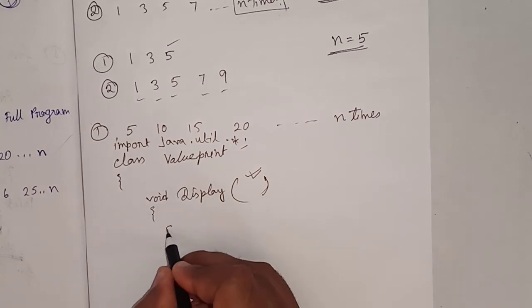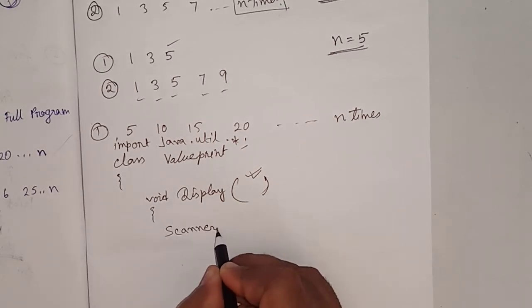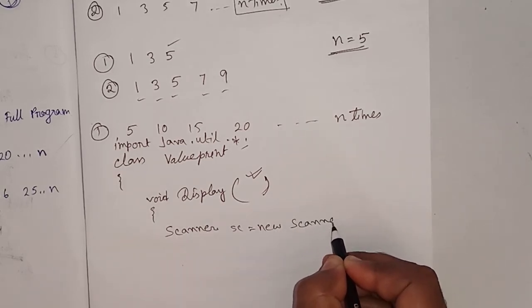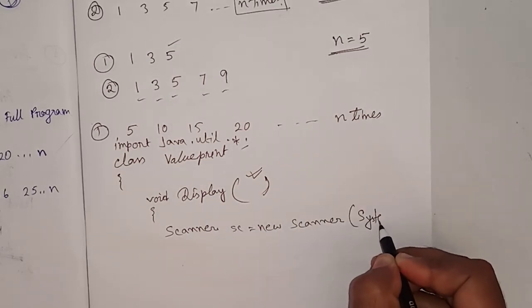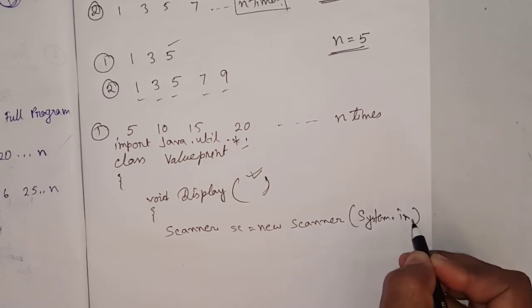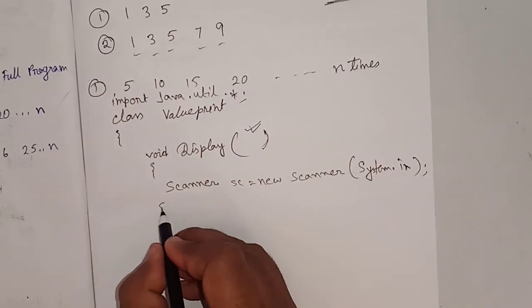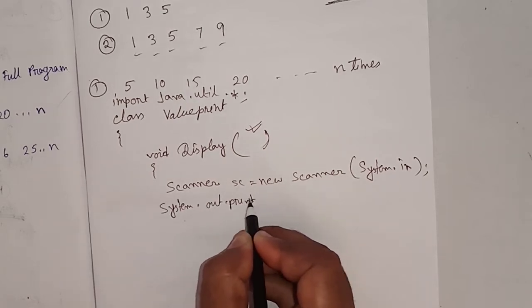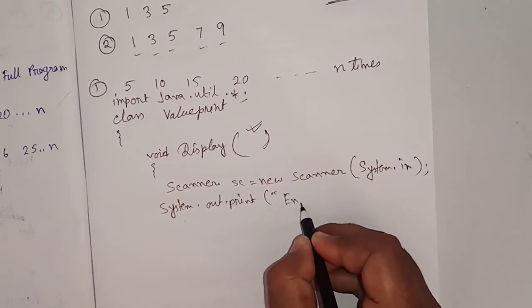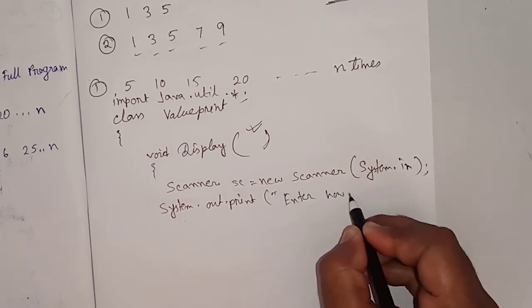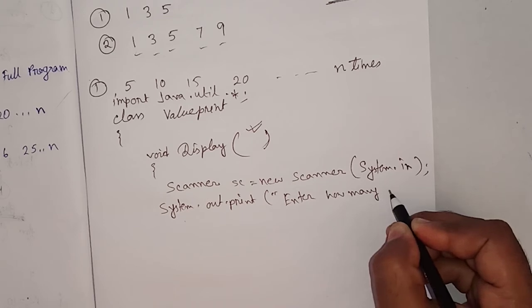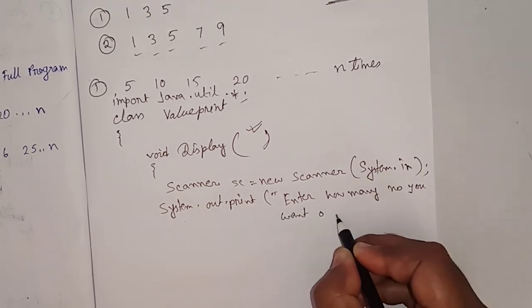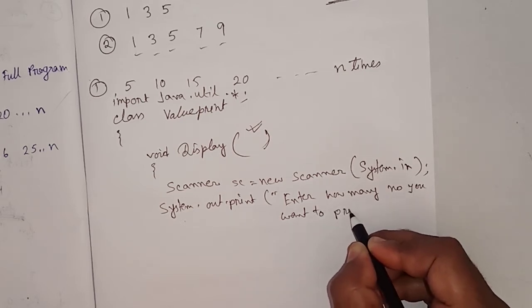So Scanner sc is equal to new Scanner(System.in). Then I write the message: System.out.print, enter how many numbers you want to print.